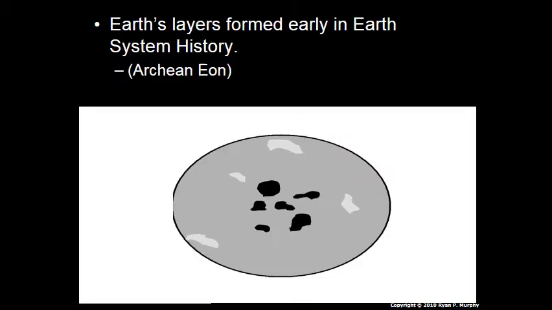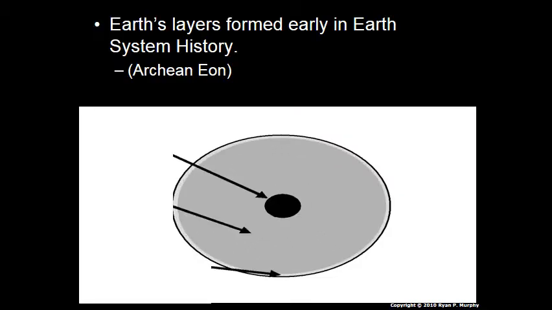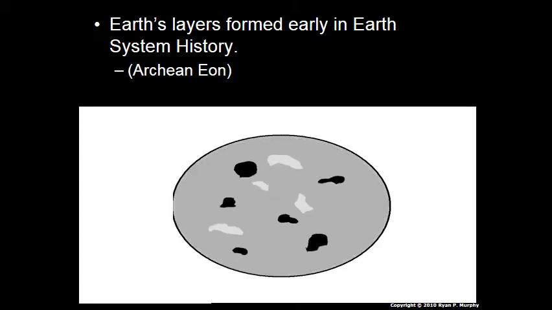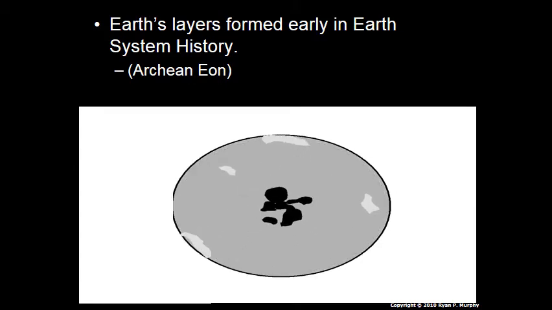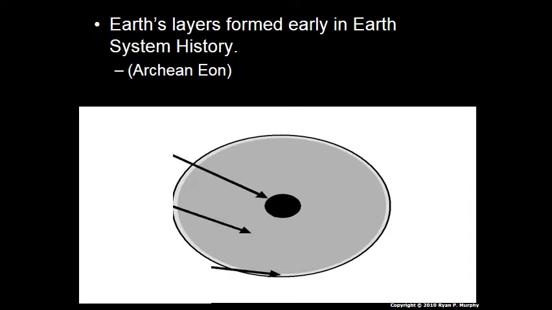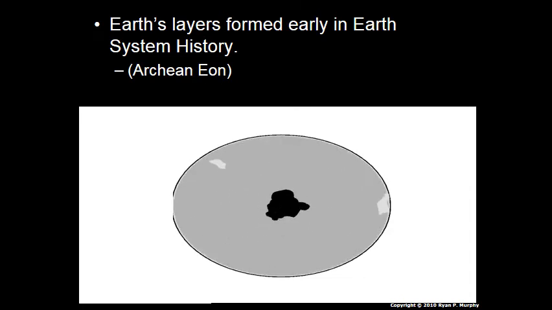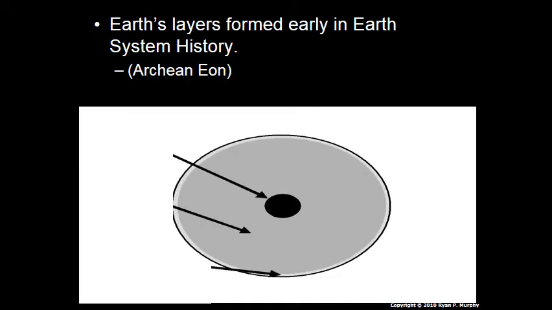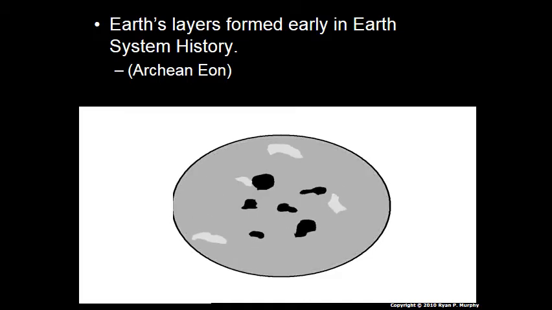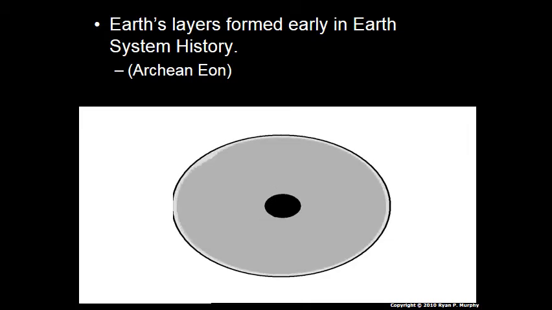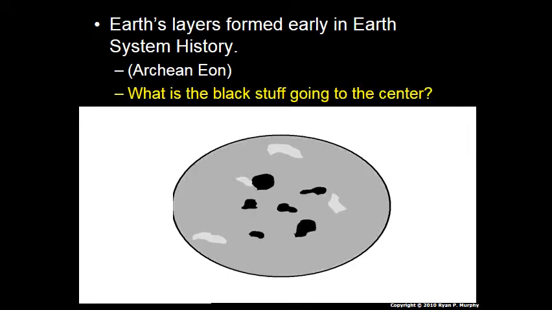So why does the Earth have these layers in the first place? Well, when the Earth first formed, you saw that in the beginning of the video, it was basically this big ball of lava. So just like when you drop something into water, the heavier things tend to sink to the bottom and lighter things tend to float to the surface. Well, that's exactly what happened as the Earth was forming.